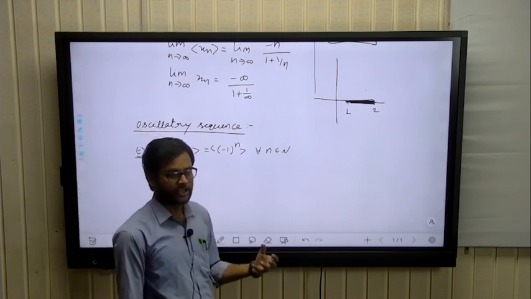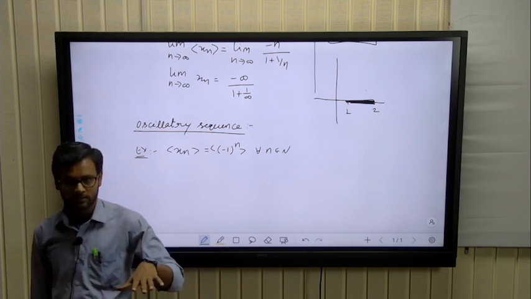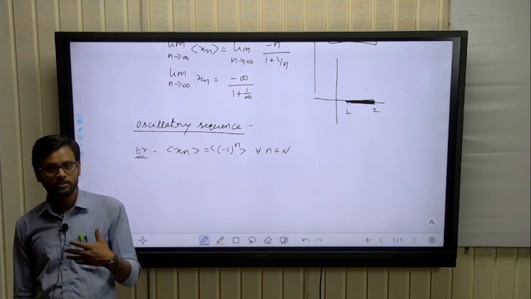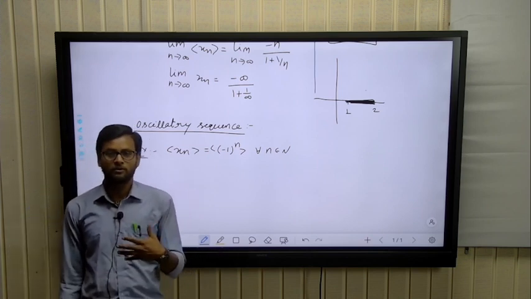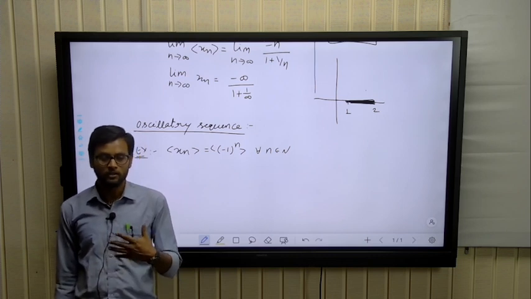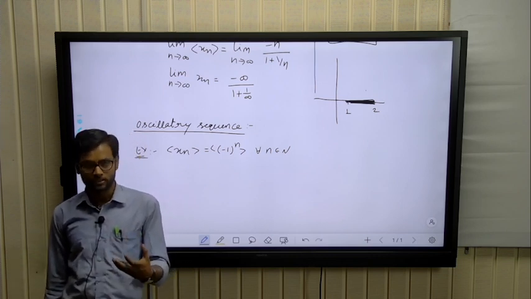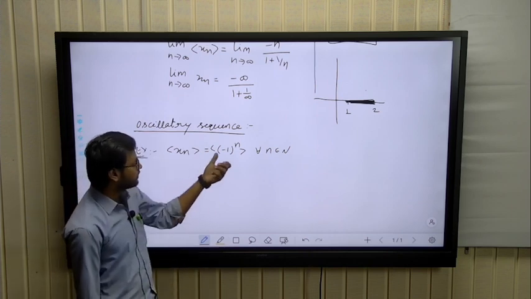If you want to check whether a sequence is oscillatory, first you write the terms of the sequence. Always remember that without the terms of the sequence you can never tell the oscillatory nature of a sequence. So the first thing you do is write the terms of the sequence.